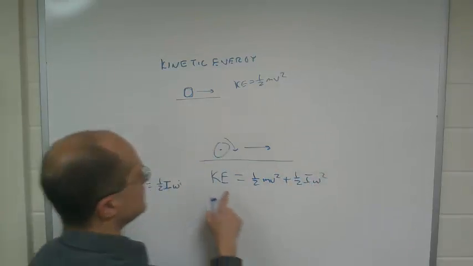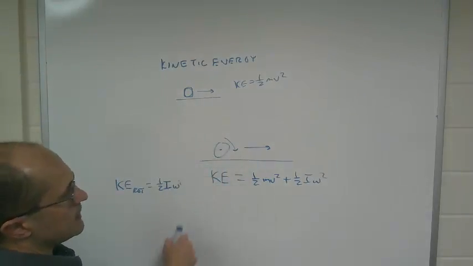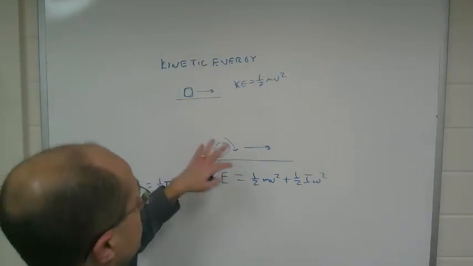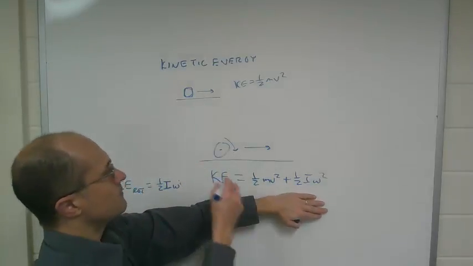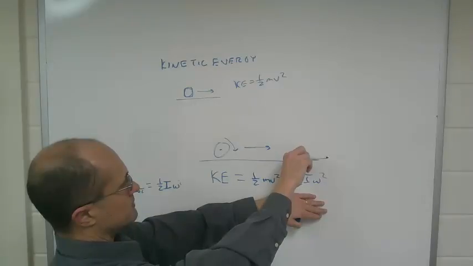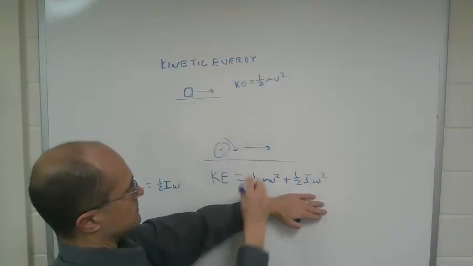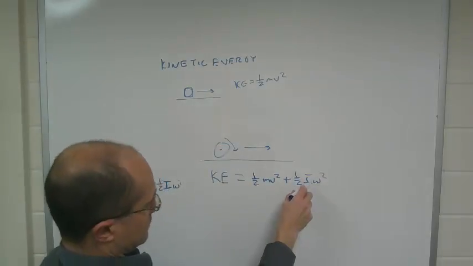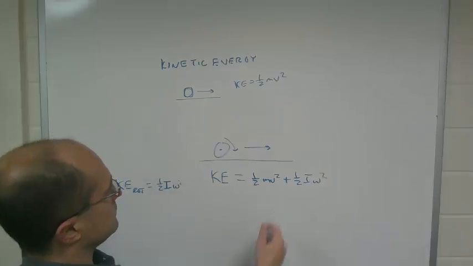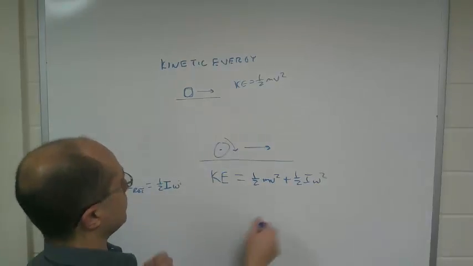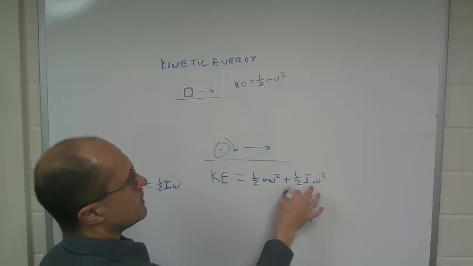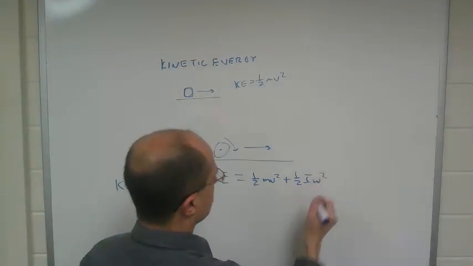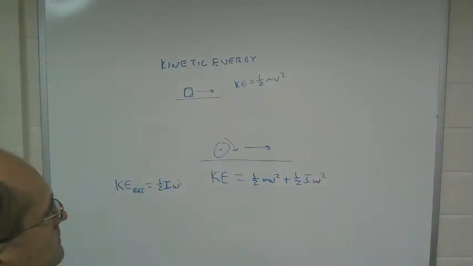If you have an object that's rolling, with or without slipping, however you want to look at that, you have both energies, of translation and rotation. So this is your total kinetic energy of your object if it's rotating and translating.